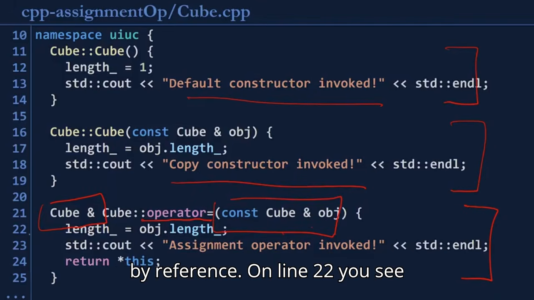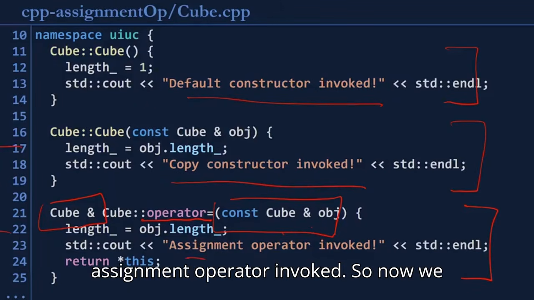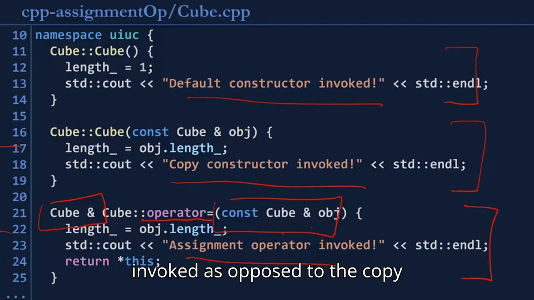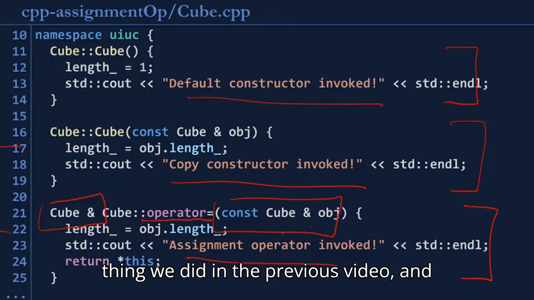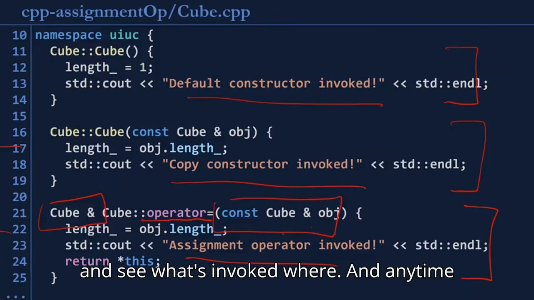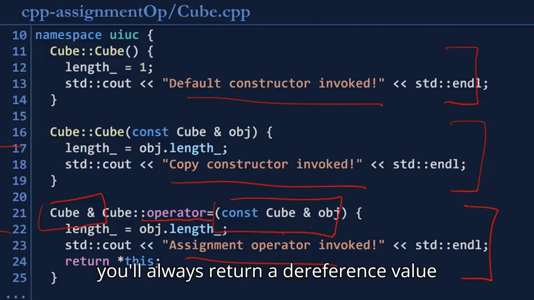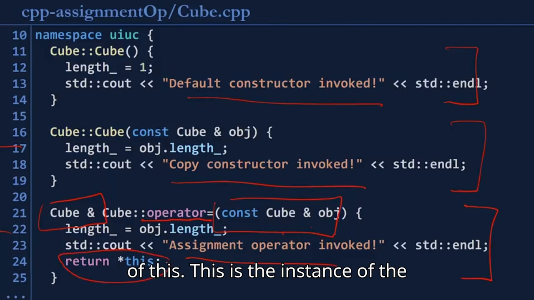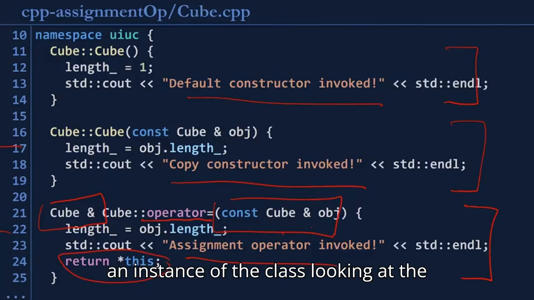On line 22, you see that we simply copy the value. This is exactly the same as line 17. And then we're going to go ahead and print out assignment operator invoked. So now we know that the assignment operator is invoked as opposed to the copy constructor. This is the exact same thing we did in the previous video, and we're going to go through a few examples and see what's invoked where. And anytime you have a custom assignment operator, you'll always return a dereferenced value of this. This is the instance of the class itself, so you're simply returning an instance of the class.